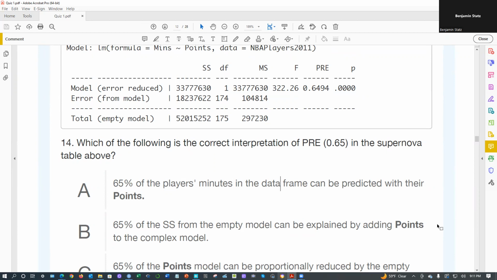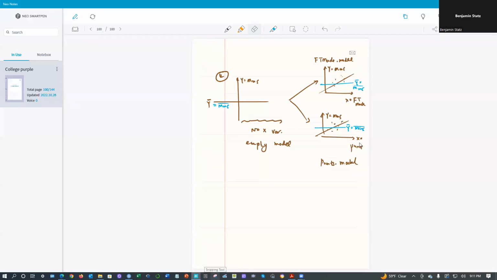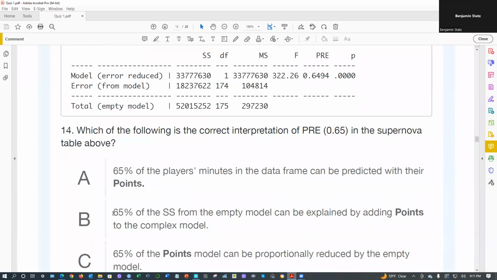Adding points means the variable called points, not the points he made here. By adding the variable points, 65% of the sum of squared error from the empty model can be explained. The model has explained this much, and that percentage is called PRE. So it should be B.